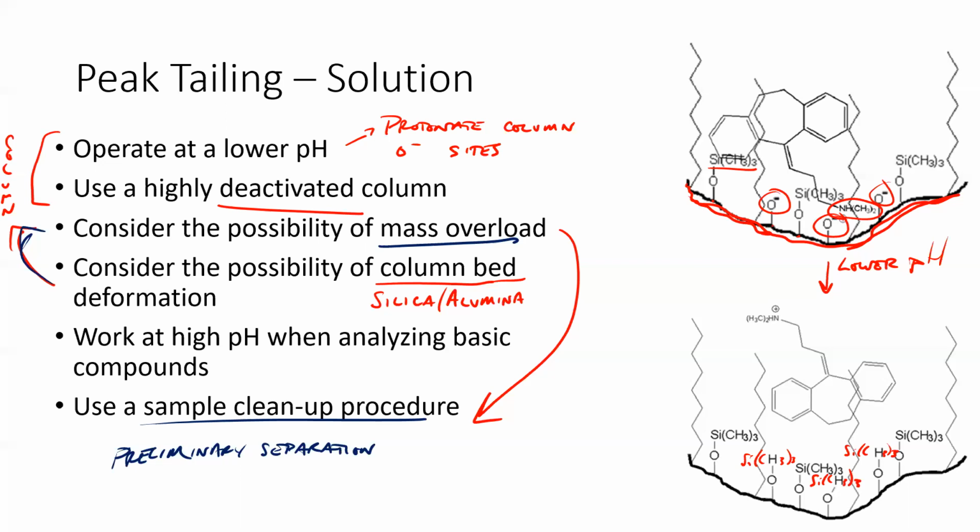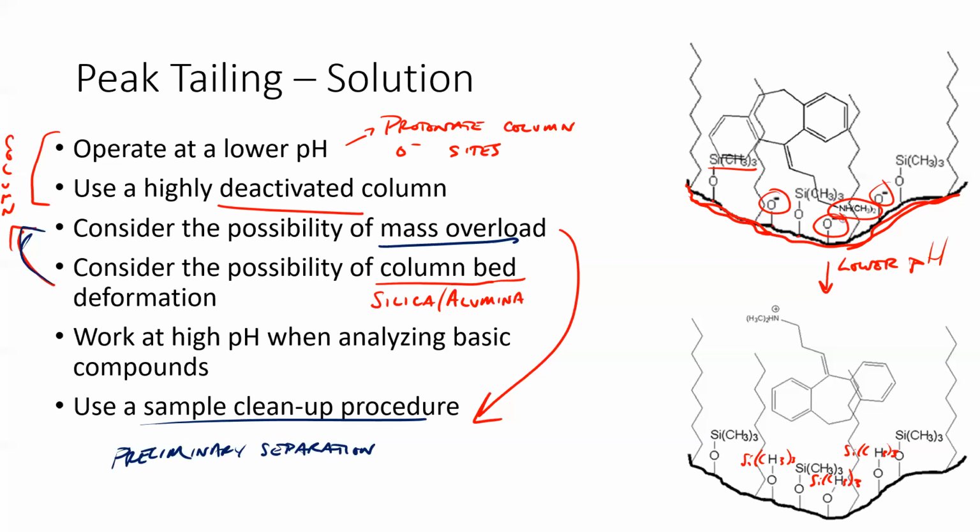You put your sample on there and force it through that stationary phase, and your analyte gets attracted to it. And so then you can separate out everything else that didn't stick, right? And then force your analyte off the column with a second solution, and then run that analysis.